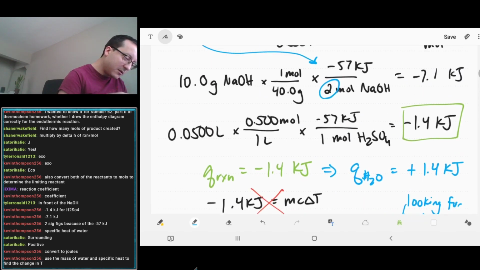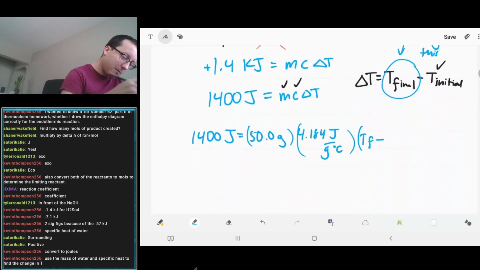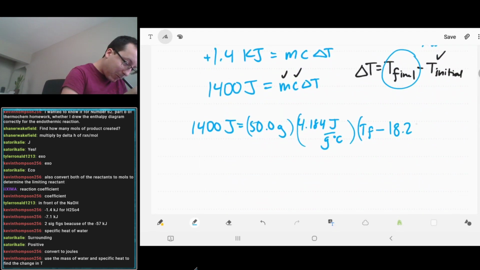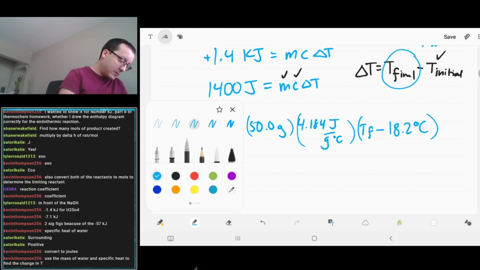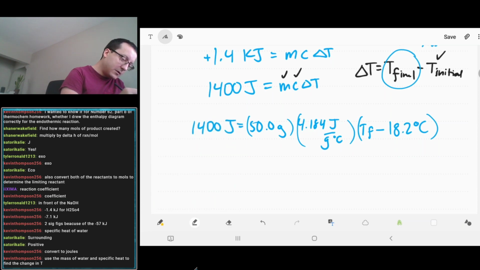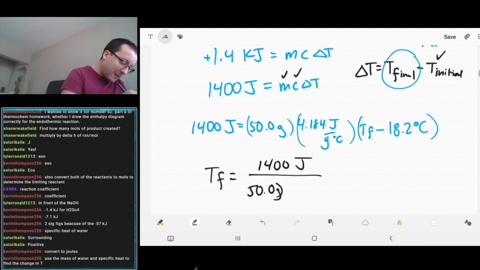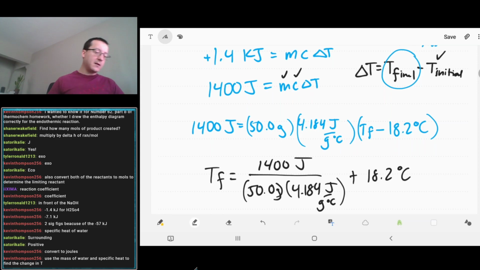what temperature were we starting at again? 18.2, okay. At this point, it's calculation. So temperature final is equal to 1400 joules over 50 grams, plus 18.2 degrees Celsius.